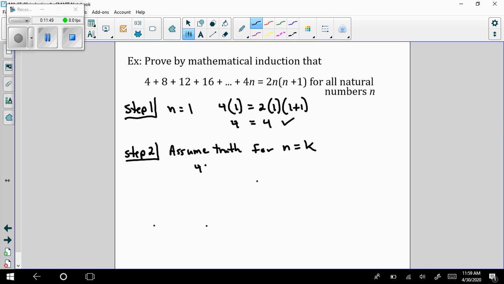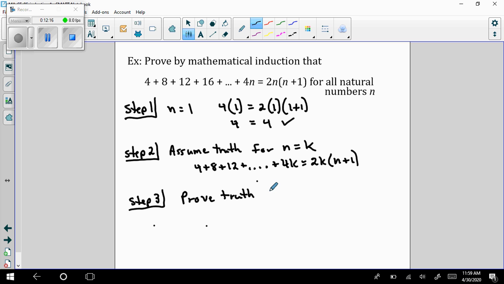And basically you just recopy the first statement and change your n to k. Okay, so step 3 comes the proof. So now we're going to prove truth for n equal to k plus 1.